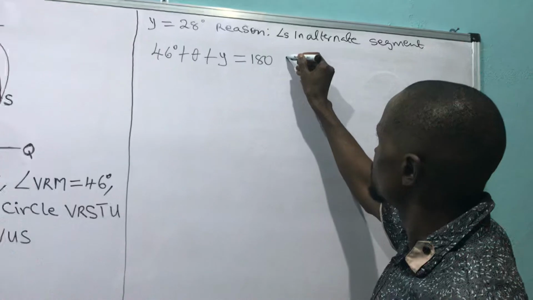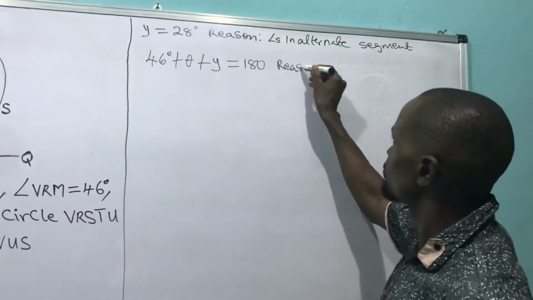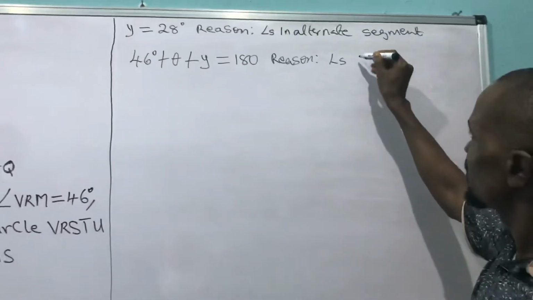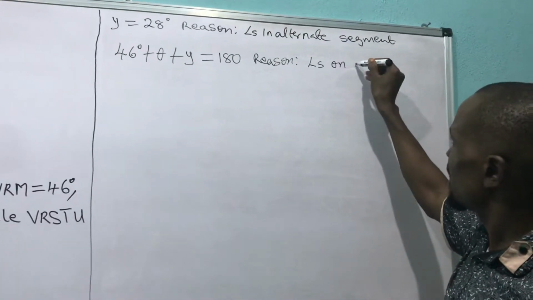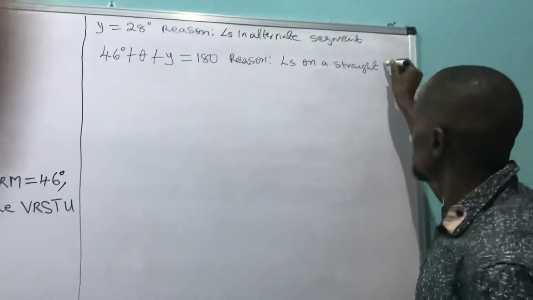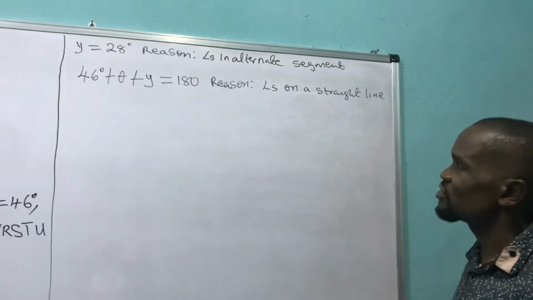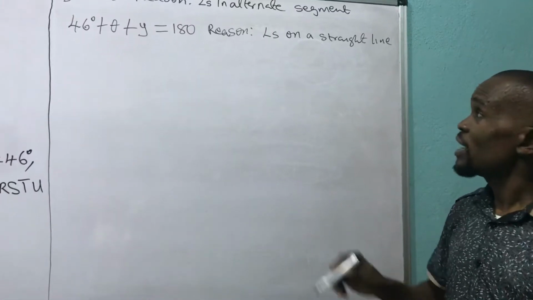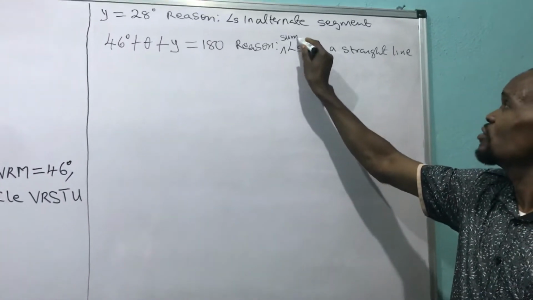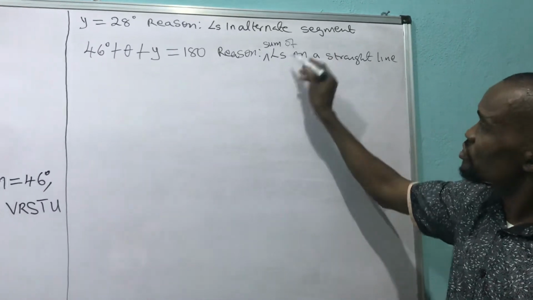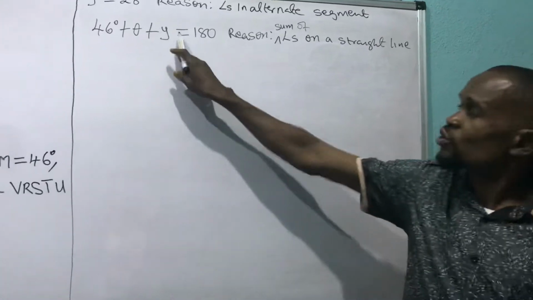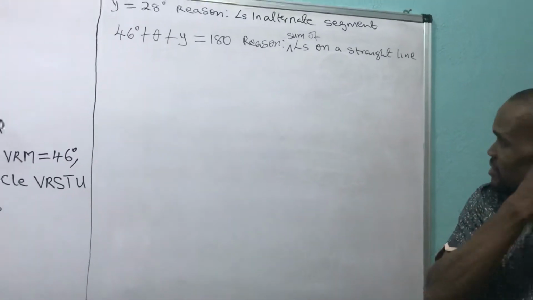Reason: who said that? We said angles on a straight line. The sum of angles on a straight line is equal to 180. And that's the straight line.